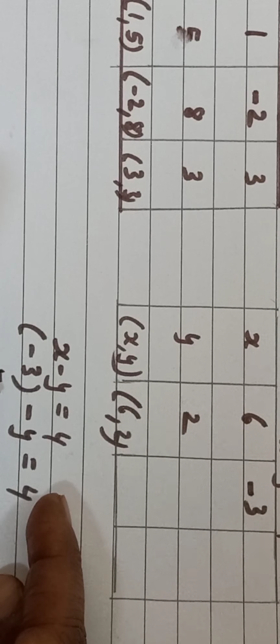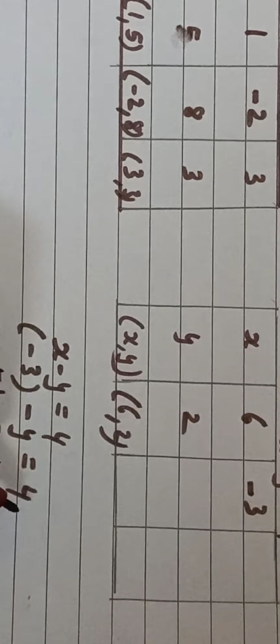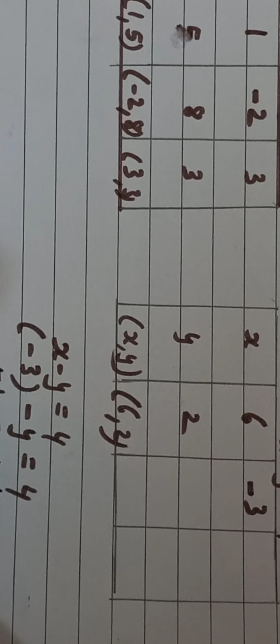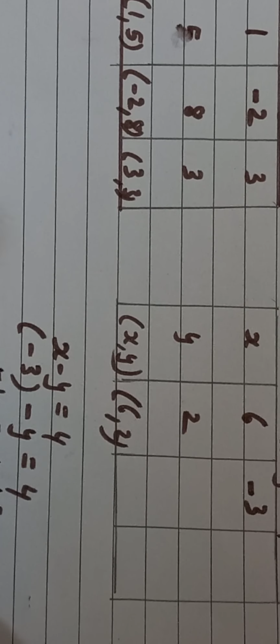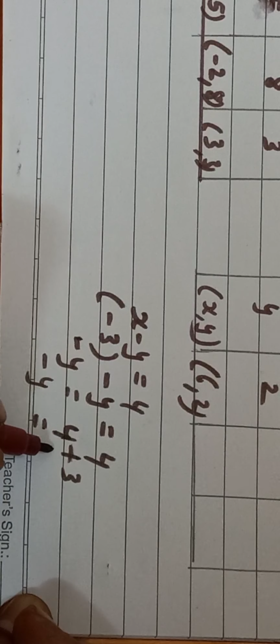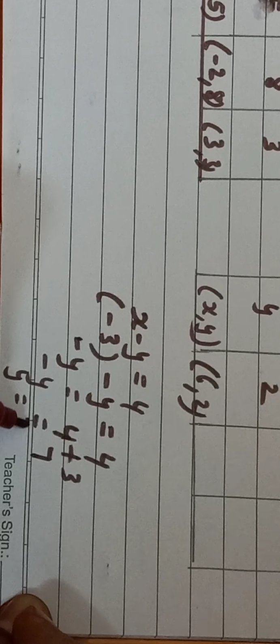Minus y is to LHS, it will be like that only, is equal to 4. Here this minus 3 is on LHS. Take it to RHS, you will get plus 3. Okay. So you will get minus y is equal to 7. So y is equal to 7 upon minus 1, which is equal to minus 7.